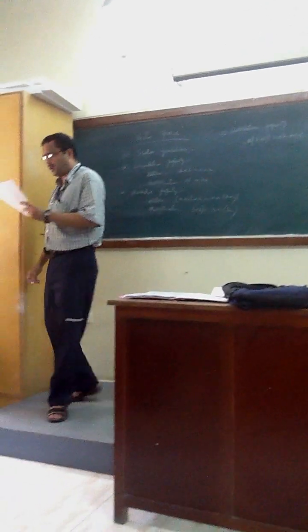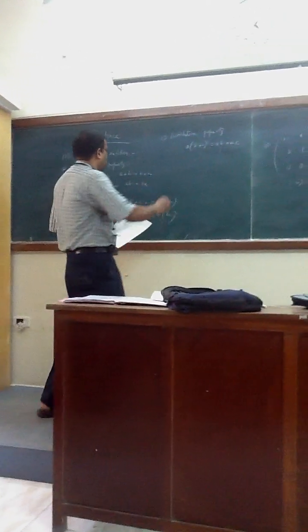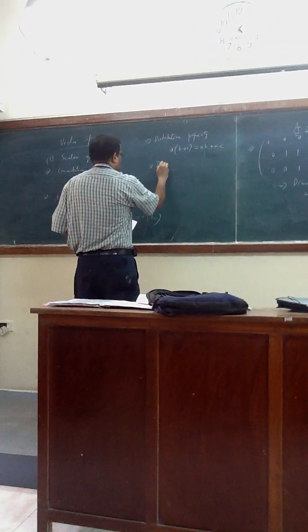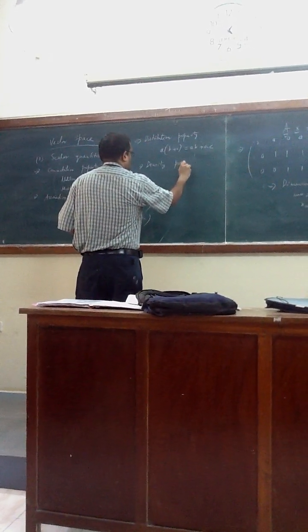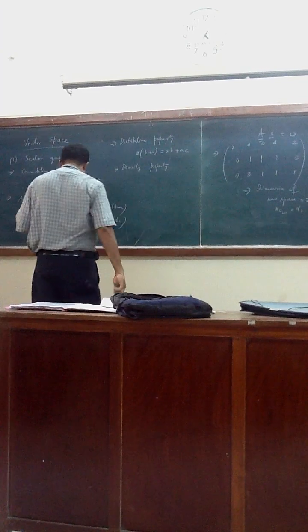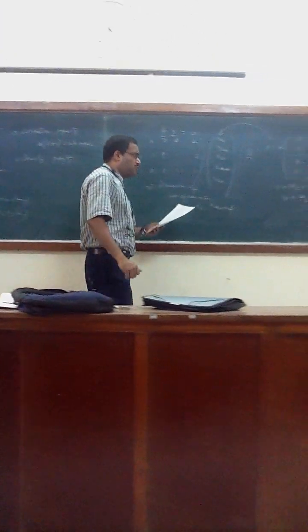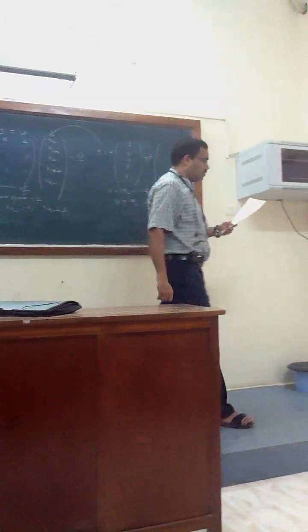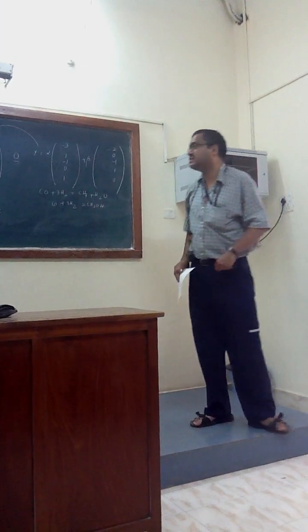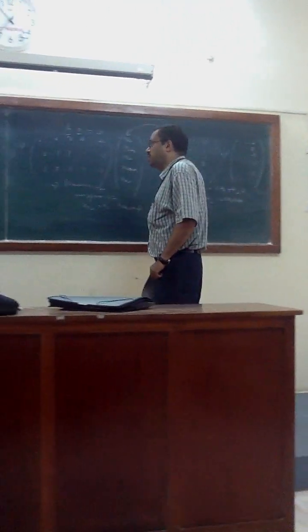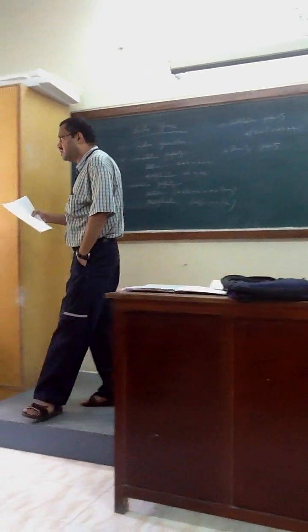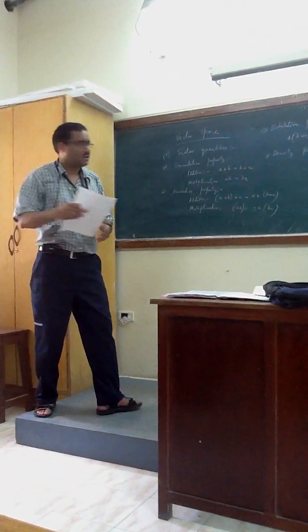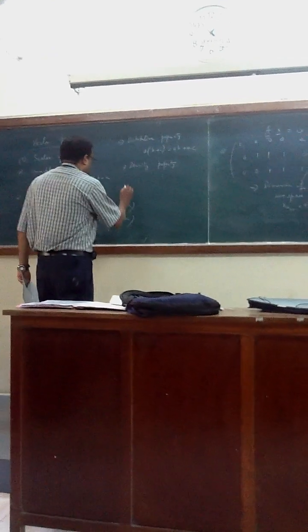We have the density property, which is that between any two real numbers, there is always another real number at least. That is called the density property. And next is the identity property.